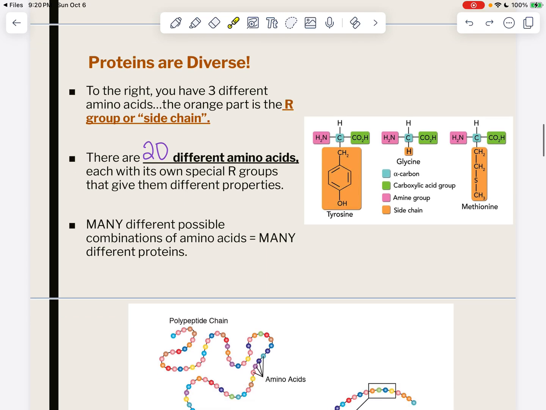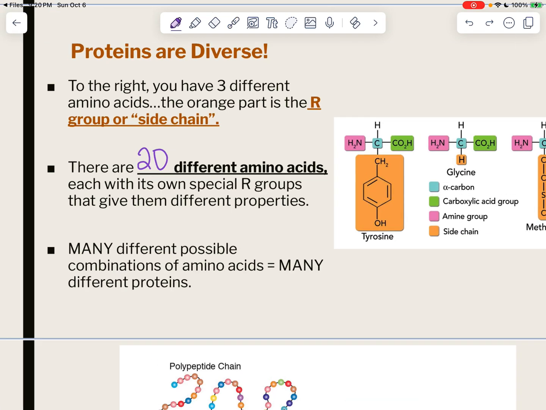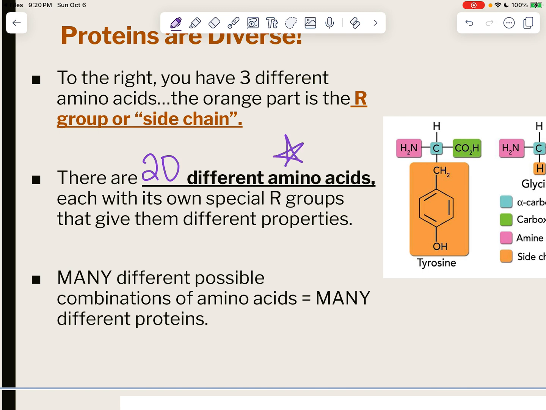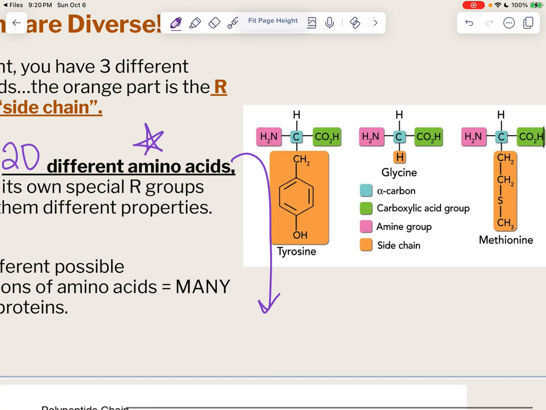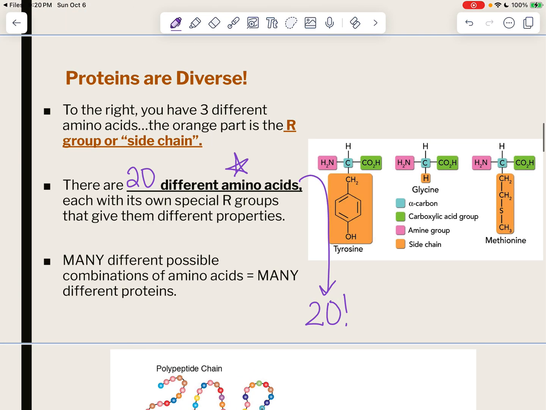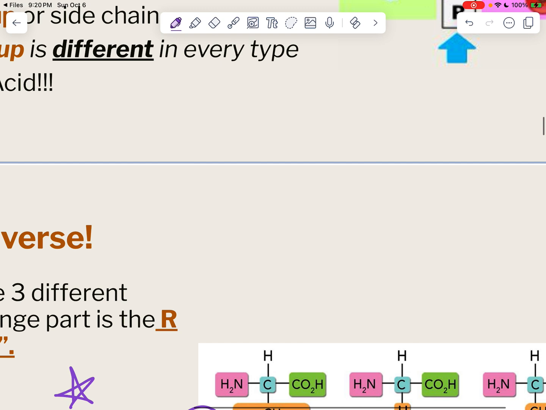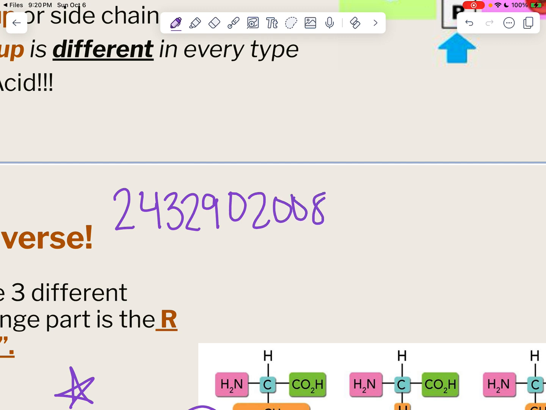So we have many different possible combinations. If you think about it, there are 20 different amino acids. And so if we put them together in a way to count all the different types of amino acid combinations, that's 20 factorial. So if you plug that in, 20 factorial, you would get this whopping number of 243,290,200,817,664,000,000.